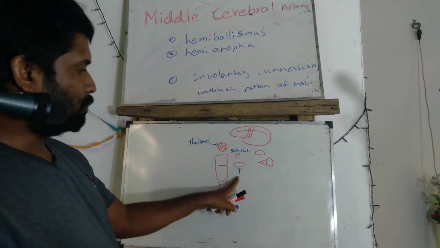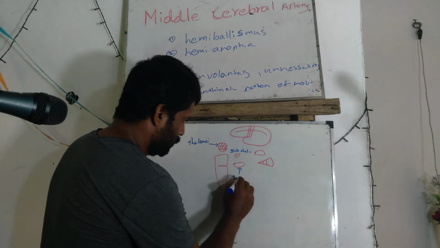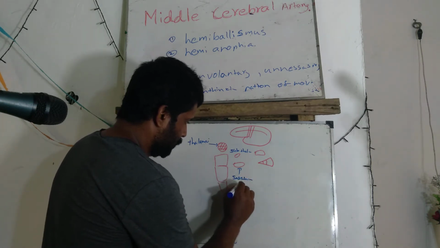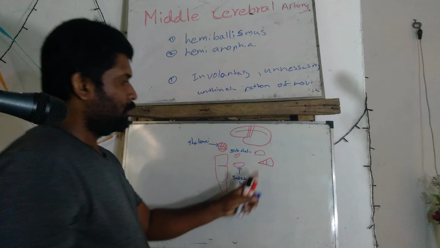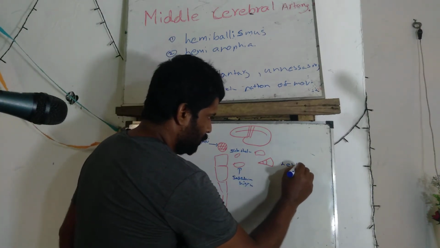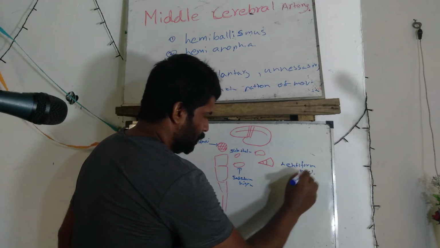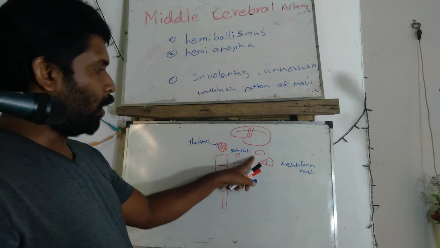This is the substantia nigra. This is the lentiform nuclei. This is the caudate nuclei.